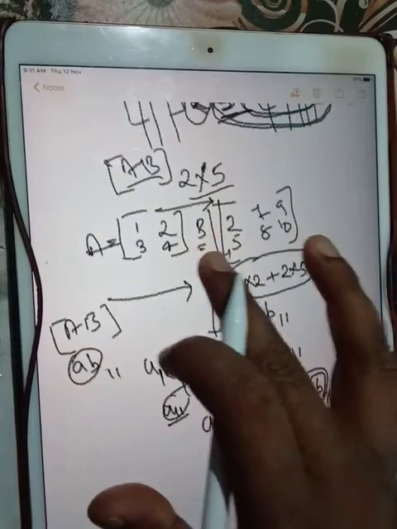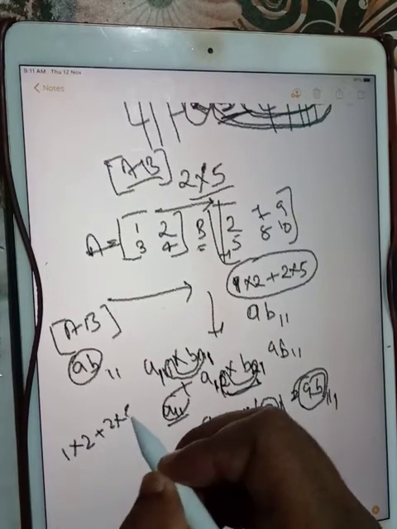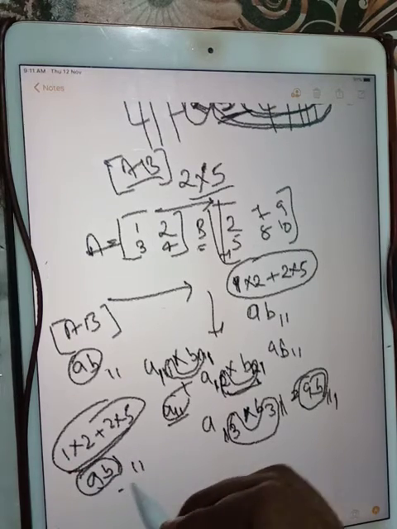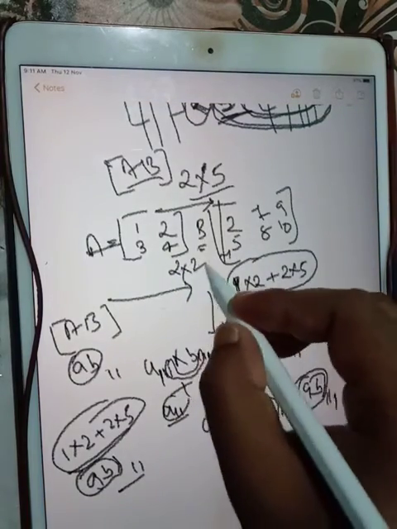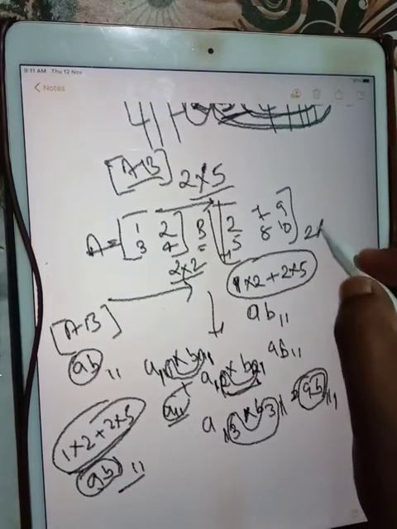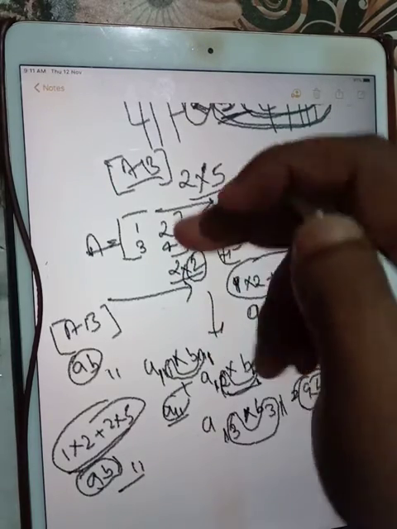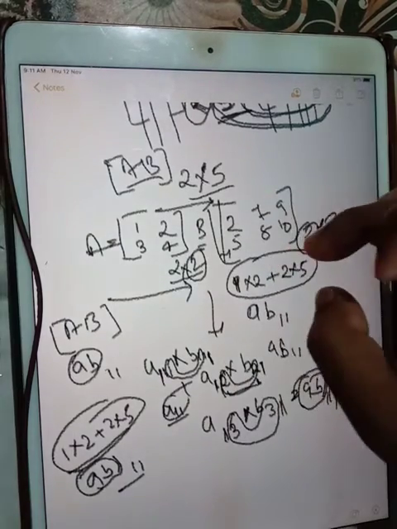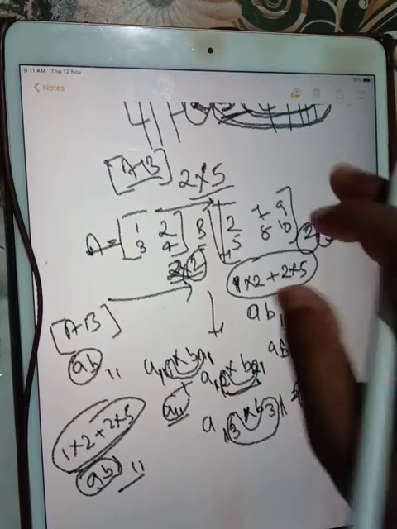So you can multiply: 1 into 2 plus 2 into 5 will be your AB11. First we have to check that the order of this matrix is 2 by 2 and this one is 2 by 3. So the column of A and the rows of B are equal, so the product will be defined. And the order of that matrix will be 2 by 3.